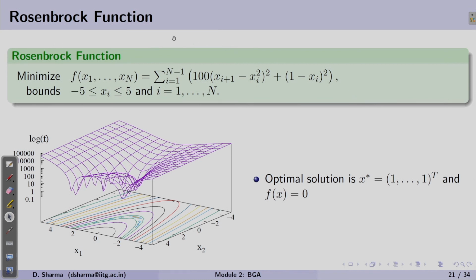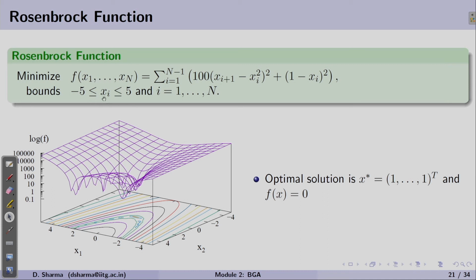The first function we have taken is the Rosenbrock function. You remember that this is the same function we used to understand the working principle of binary coded GA. In the generalized way, the Rosenbrock function can be written in terms of n number of variables, and the formula is given here.